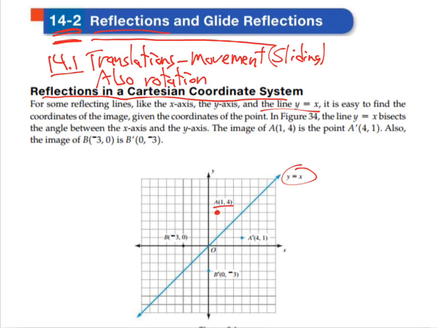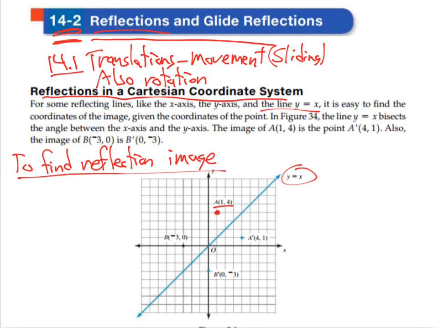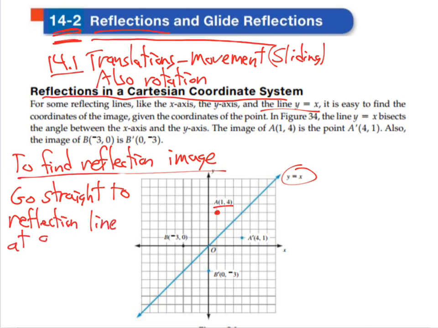So to find the reflection image, how do we find a reflection image? Go straight to the reflection line at 90 degrees.